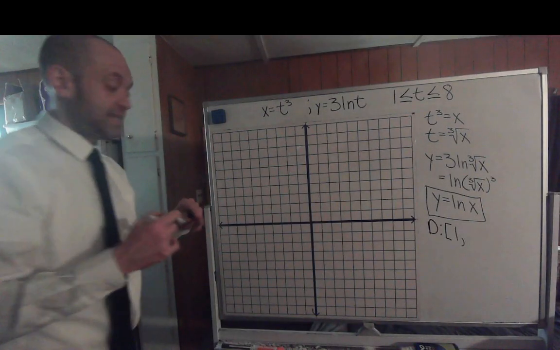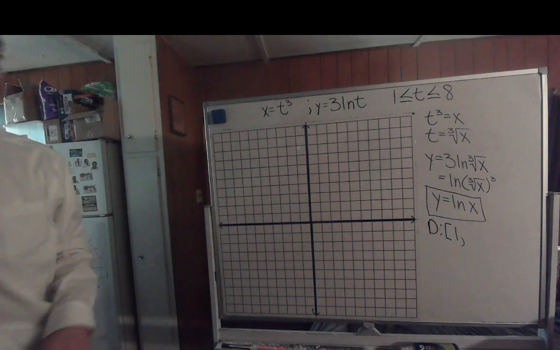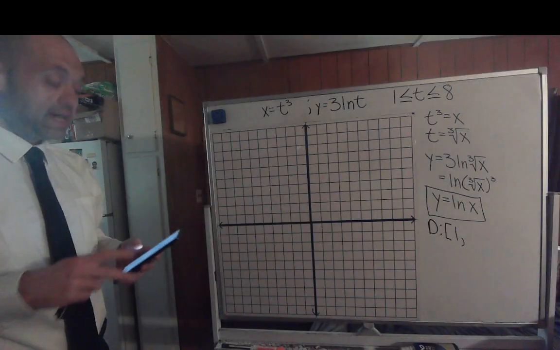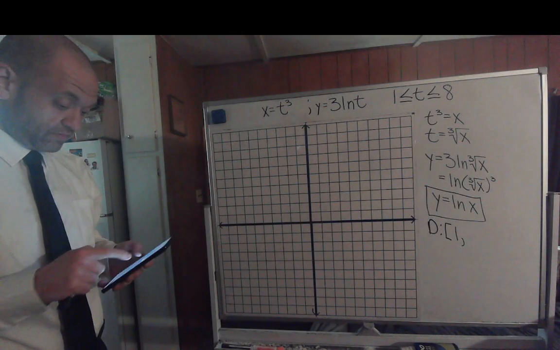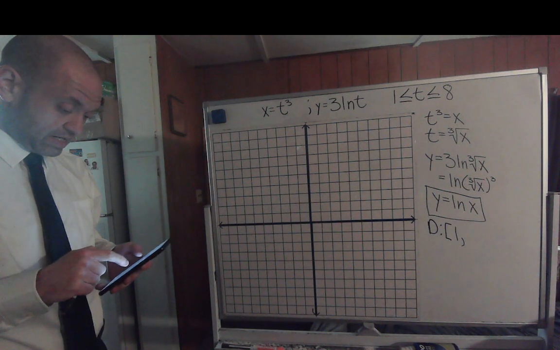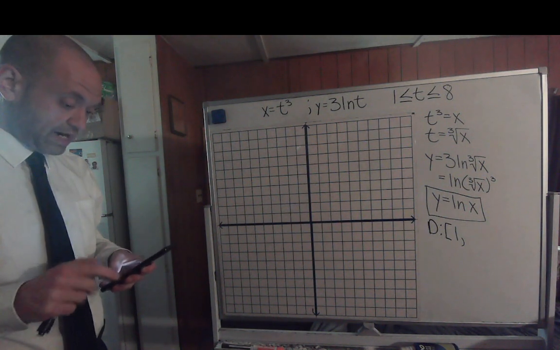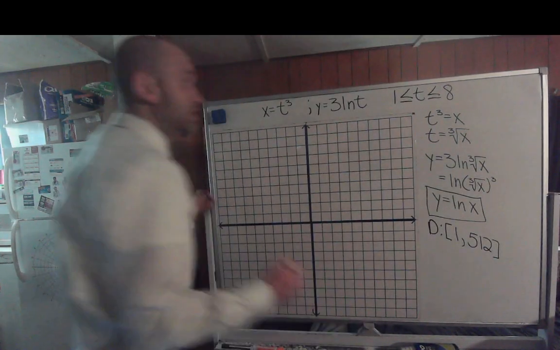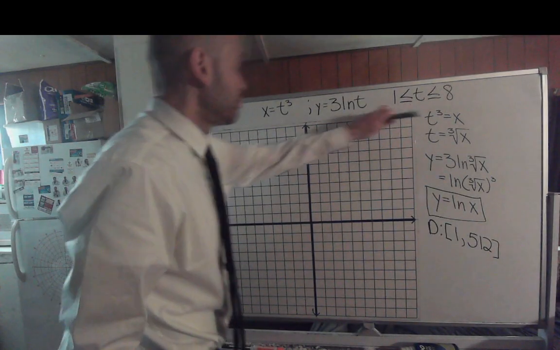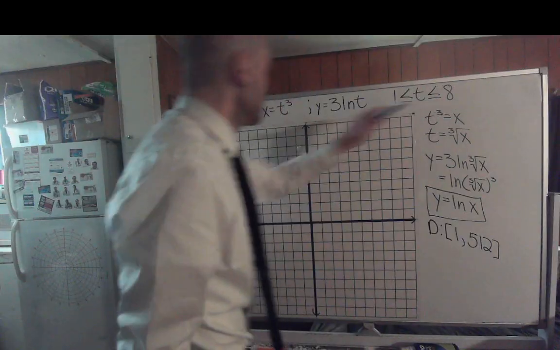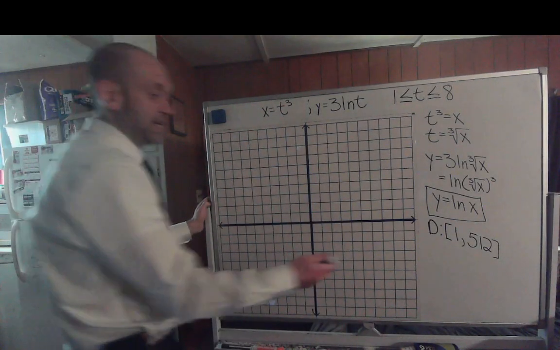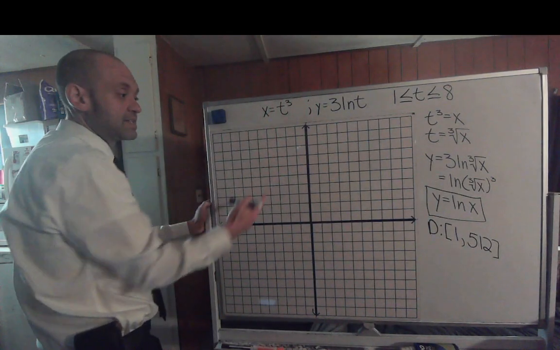But what if I pick 8 to the third power? That's going to give me a really high domain. So let's take 8 to the third power. That gives me 512. My domain is from x equals 1 to 512. So you see how that changed. I just take my left endpoint of t, stick that in, take my right endpoint of t, stick that in. I get the actual domain of this rectangular function when I stick those in for x.